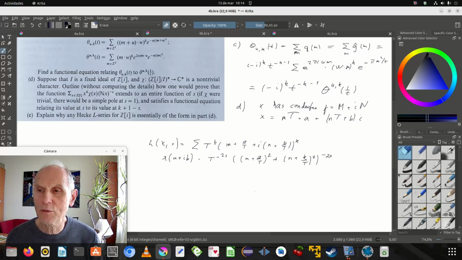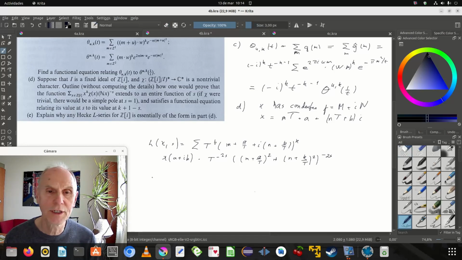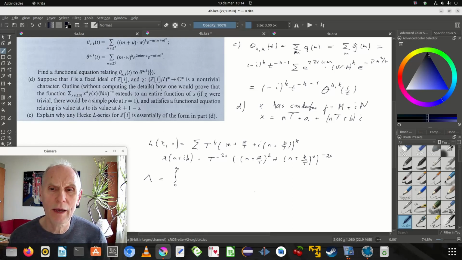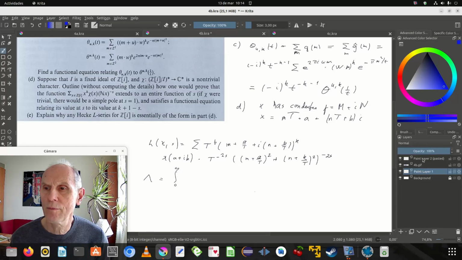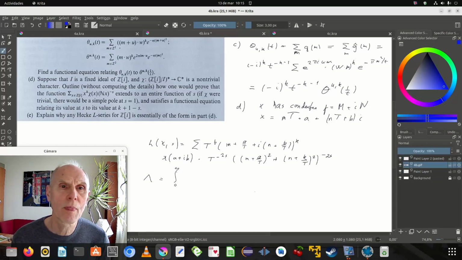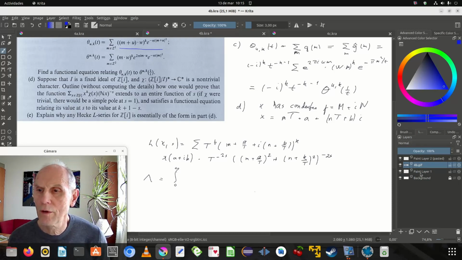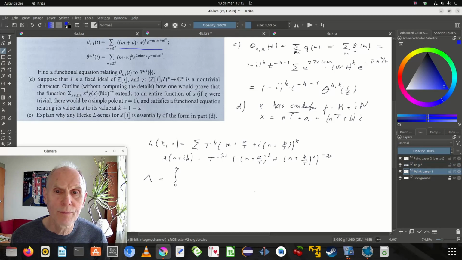And that means that now I should be able to define the function we need. Lambda equals the integral, and what we have up here is this, and what will come from this.